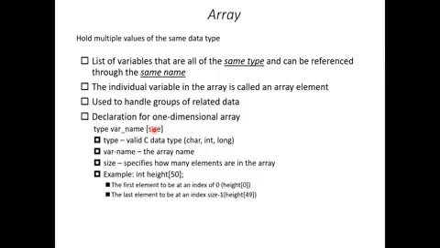Let's say we have a one-dimensional array. This is how we type the array by following the syntax here: type, variable underscore name, and then size. The type would be the data type of that array. It can be char, it can be long, it can be int, depending on the type of data that you want to use. And then we give a specific name to the array.